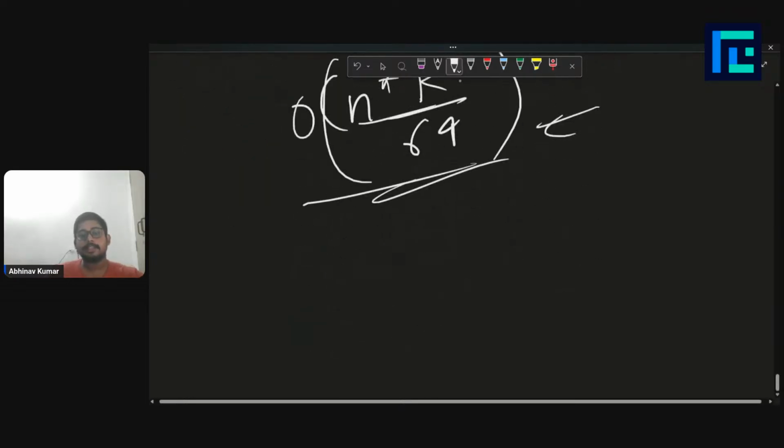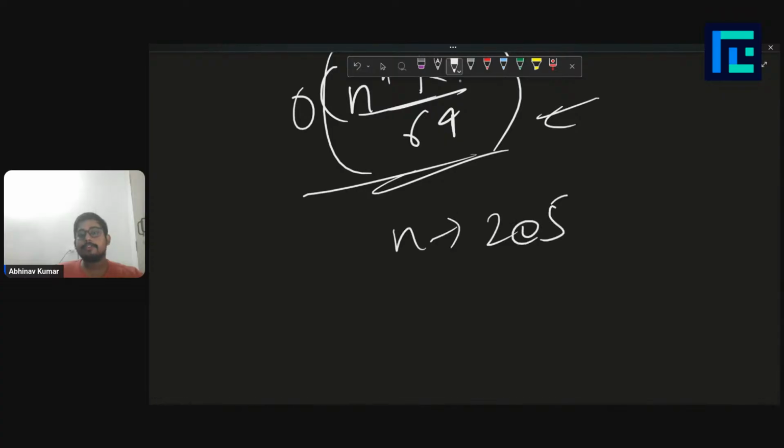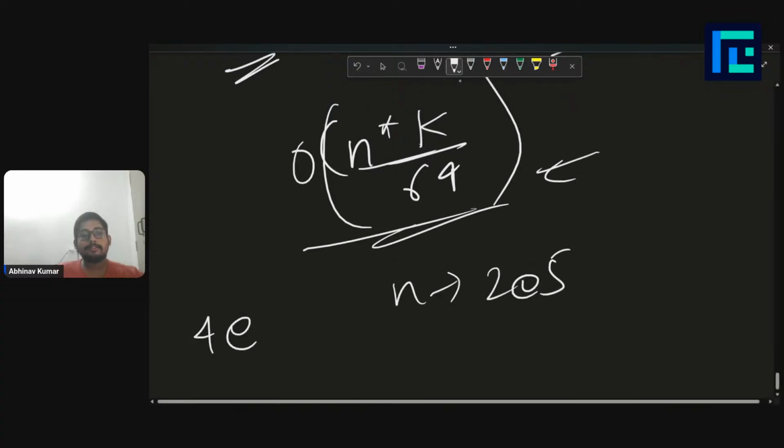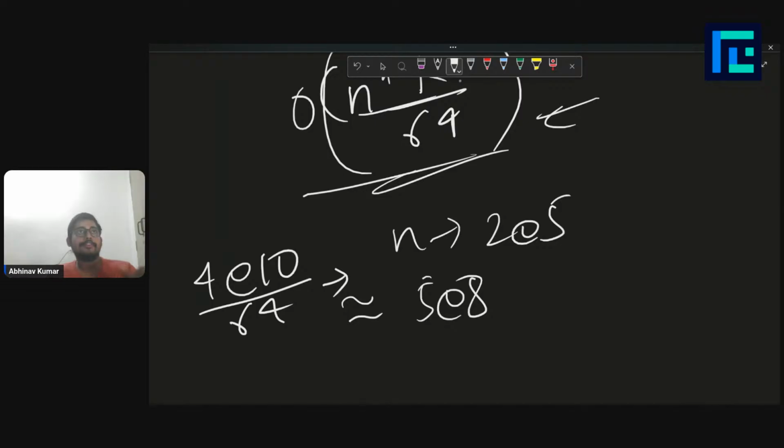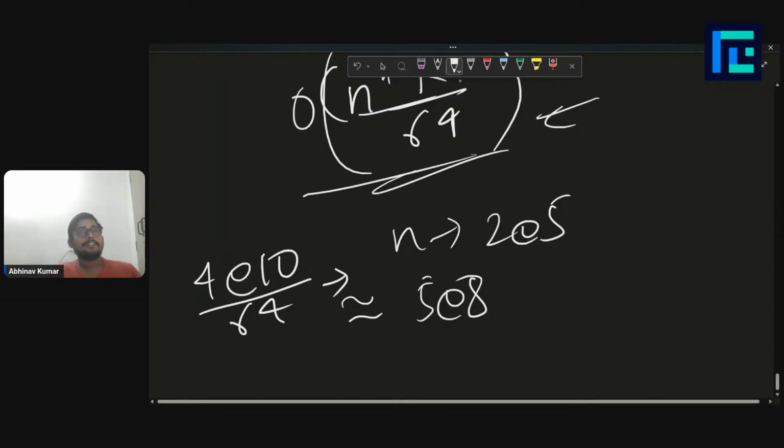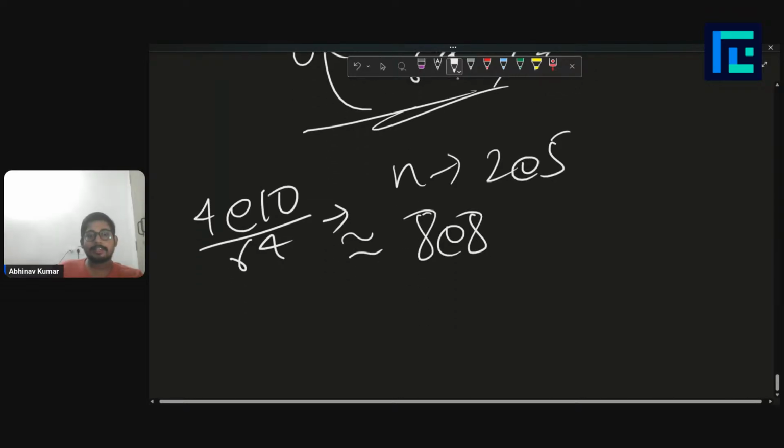For n and k given as 2e5, this becomes 4e10 divided by 64, which is approximately somewhat less than 5e8 operations. If you divide 4e10 by 64, it would be something like 6e8 operations.